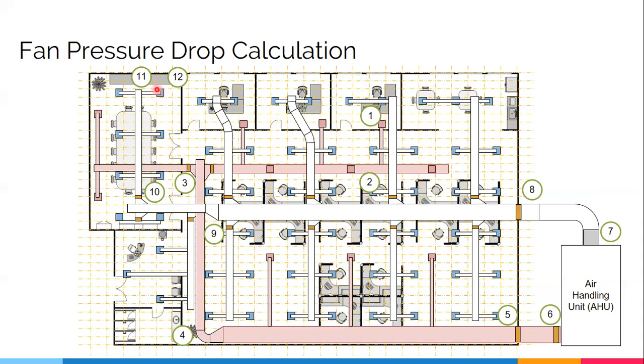So that will be our estimated farthest run, or estimated pressure drop. From here, we call this point 1, point 2, point 3, point 4, point 5, point 6, point 7, 8, 9, 10, 11, 12.